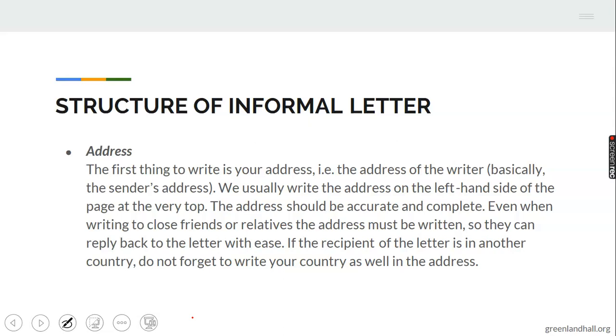Then let's come to the structure of an informal letter. I will take my time to explain this because it is very key. The first is your address, that is, the address of the writer. In this place, you write only one address. Mind you, one address.